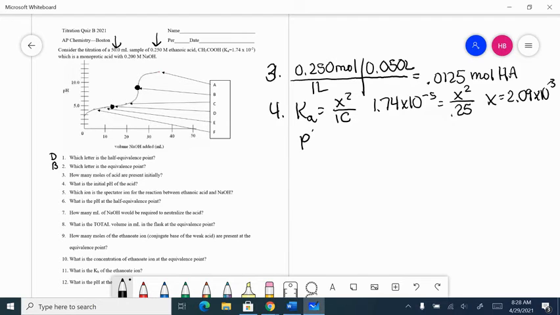So the pH is negative log of x, because that's the concentration of H+, or negative log 2.09 times 10 to the minus 3rd. And I get a pH of 2.68. That is the answer for number 4.